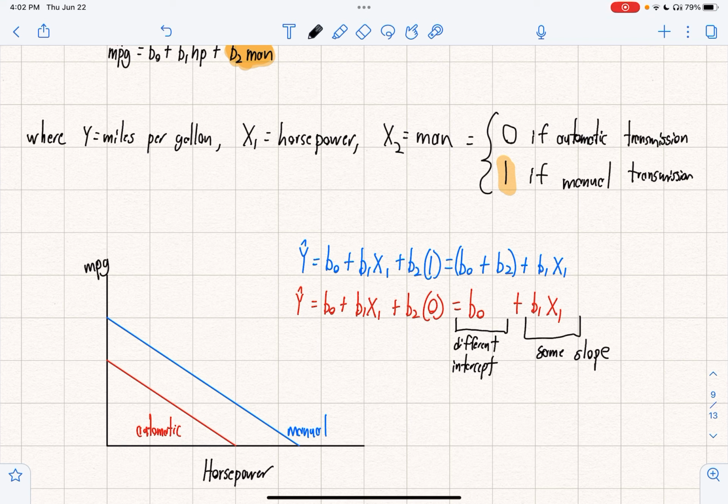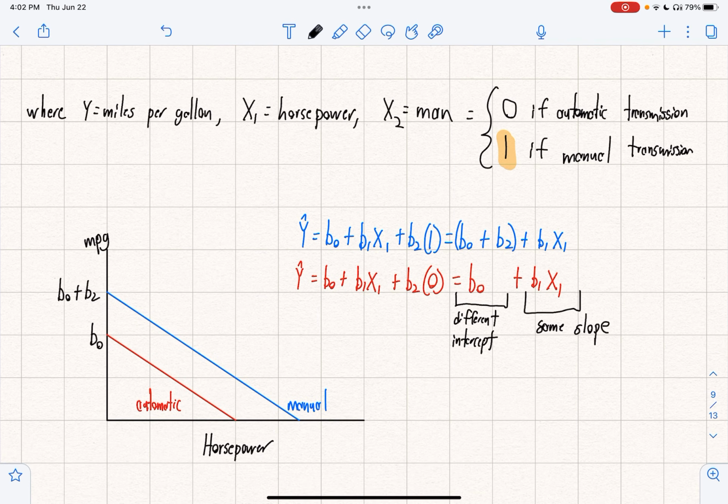So let's go ahead and write that. The intercept in red, for automatic, is just b naught. So this value right here is b naught. That's the y-intercept. But for manual, it's b naught plus b2. So this value up here is b naught plus b2. And so we can see that they have the same slope because these two lines are parallel to one another.